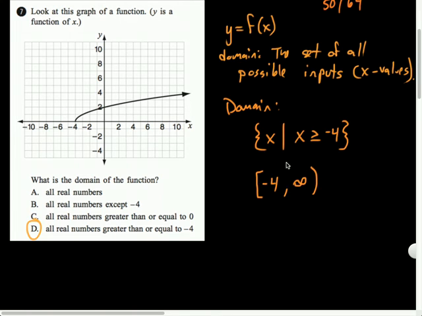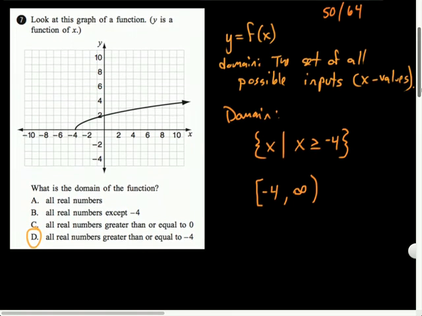So that's a couple ways you could write domain. Here they wrote it with words. I think I've also seen it written as the domain is just all x greater than or equal to -4. But this is set notation, and then this is, actually I don't know the name of that notation, but it's something, I'll tell you that much.